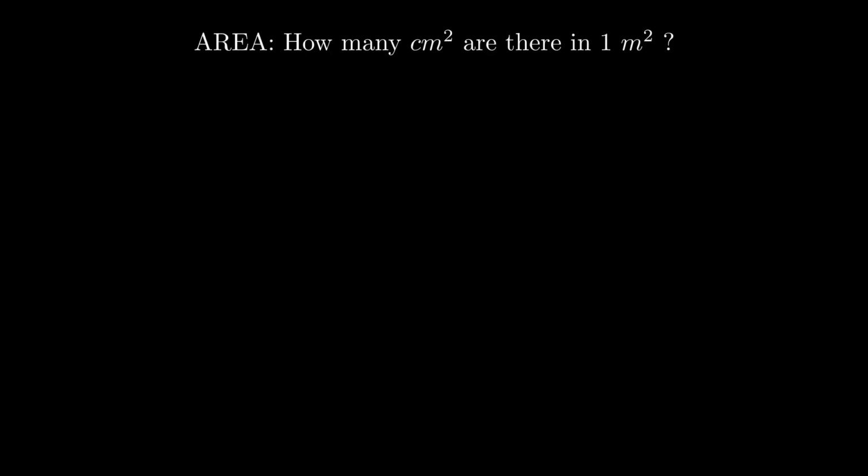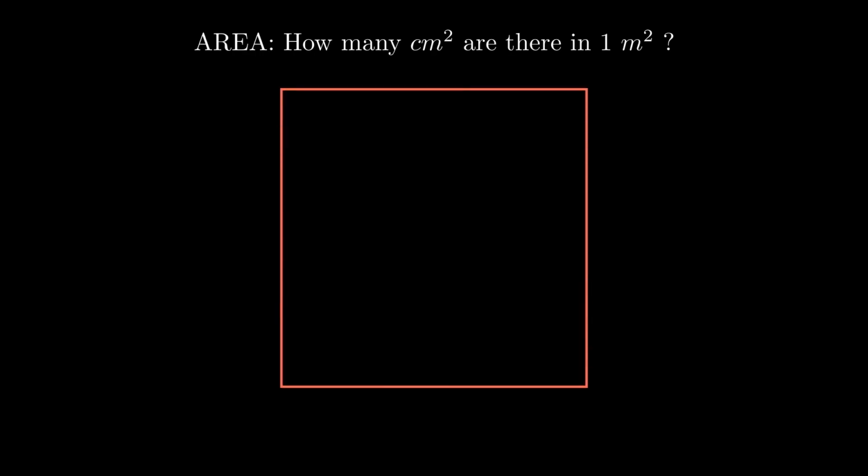So in the area, imagine that we have 1 square meter. So how many square centimeters are there in a square meter? In fact, here I just want to show you how small a square centimeter is relative to a square meter. Okay, so imagine this box is 1 square meter. How small is a square centimeter relative to a square meter? Okay. I'm just gonna draw this green box here.